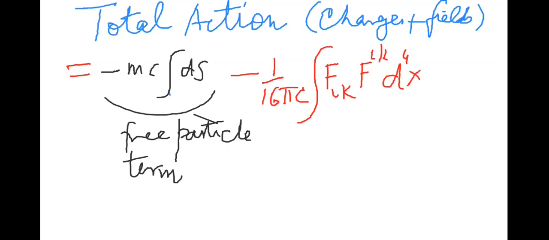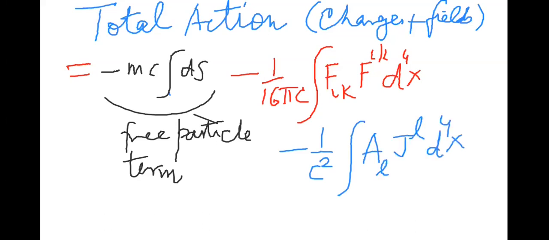All right. And then comes the third term, which is minus 1 by, now it should become c square, because that was 1 by c, and another 1 by c factor has to come from the definition of the action. And it can be now written as Al jl d4x. Okay.